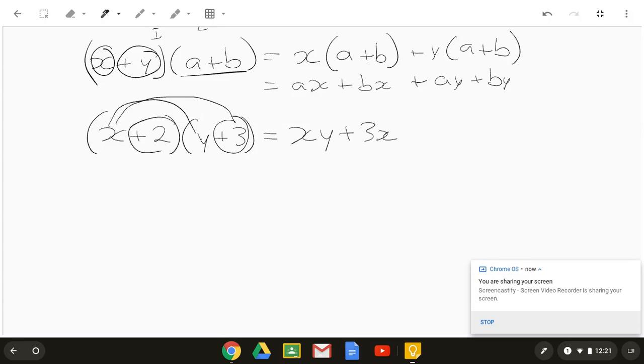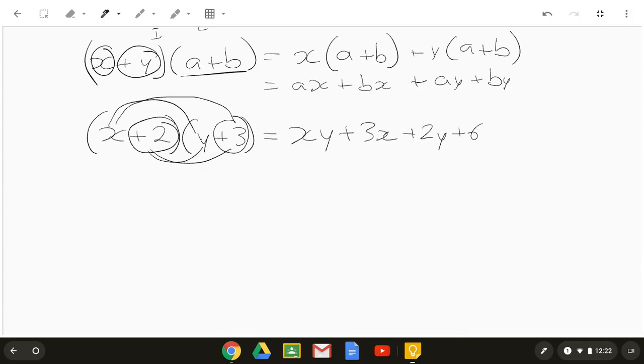Then I take the second term, plus 2 times y is plus 2y, and then plus 2 times plus 3, which is plus 6. Again, we check there's no like terms, so there's nothing else that we can do there.